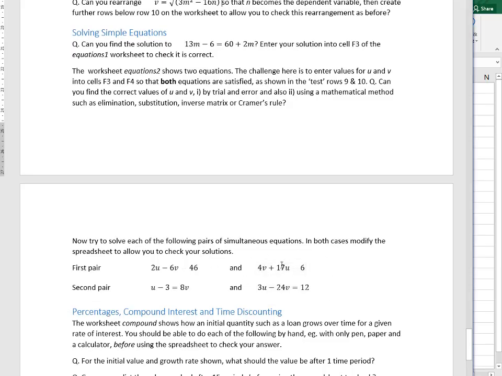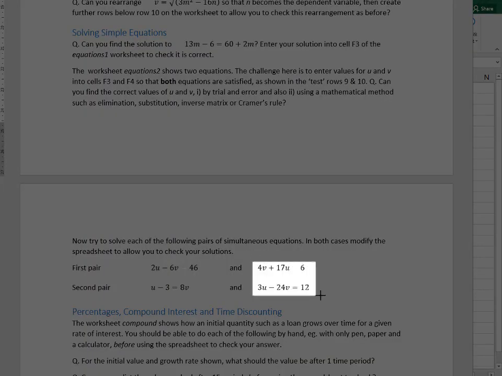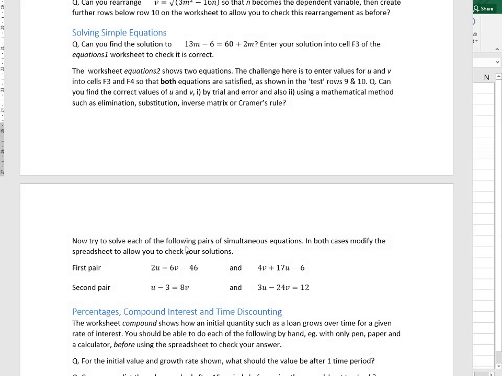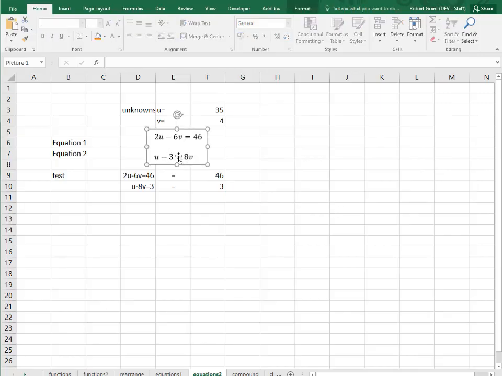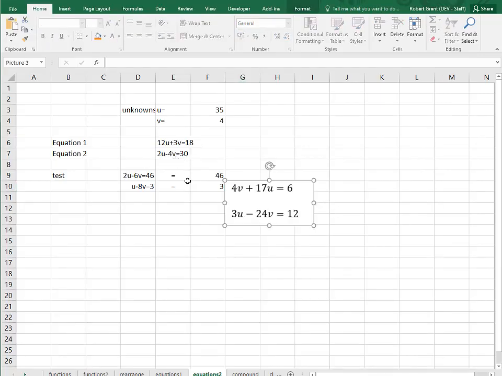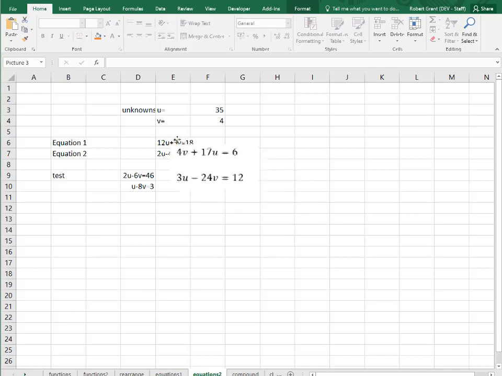So the last example is this one. It's the new equation we're trying to satisfy.